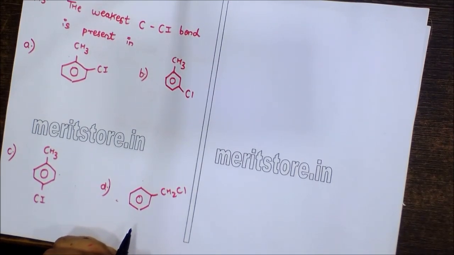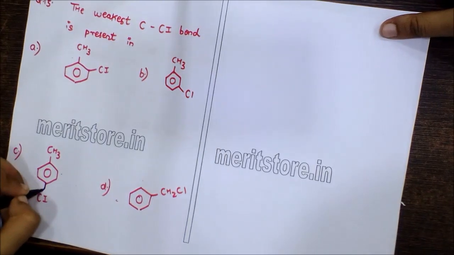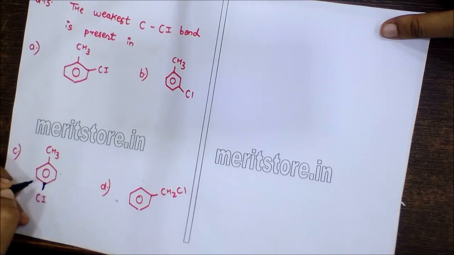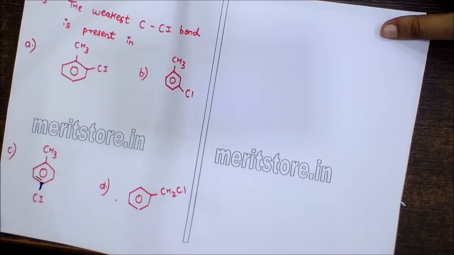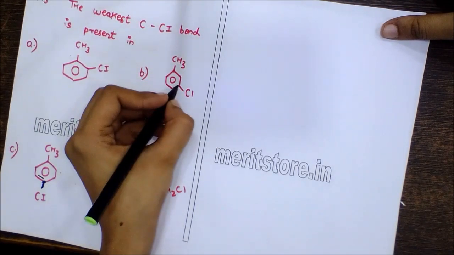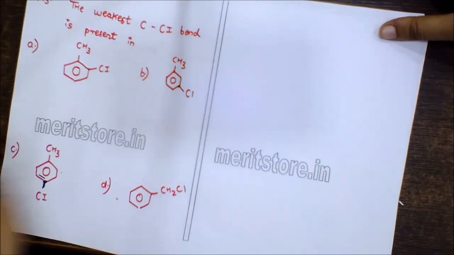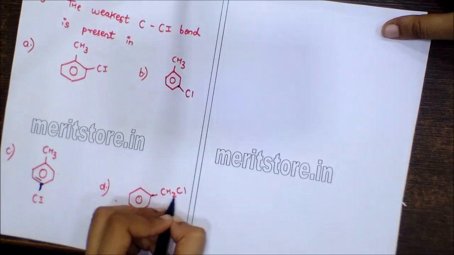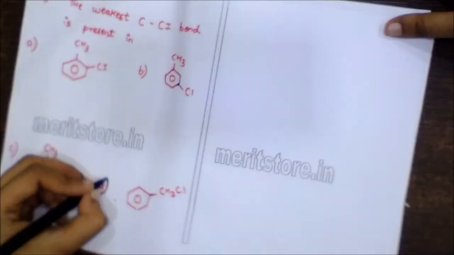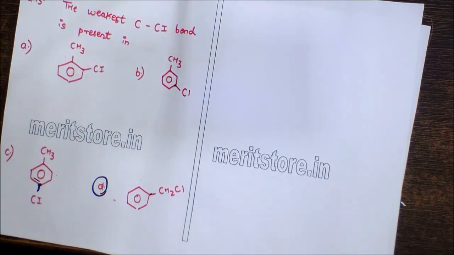But in structure D, the Cl is not attached directly to the ring. In the others it is directly attached to the ring, and there is a double bond present, due to which it is shorter and stronger. In this case there is another carbon in between. Therefore option D is the correct option.